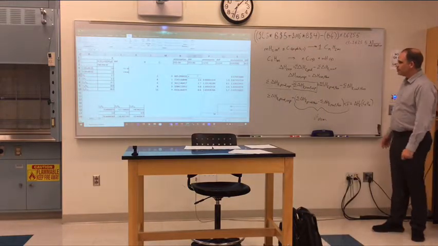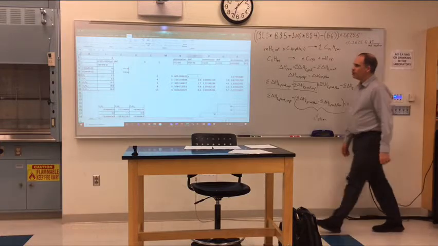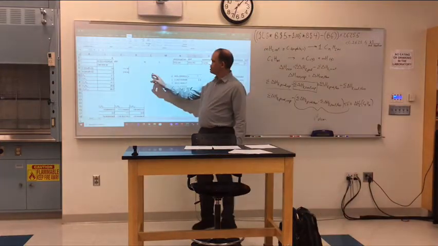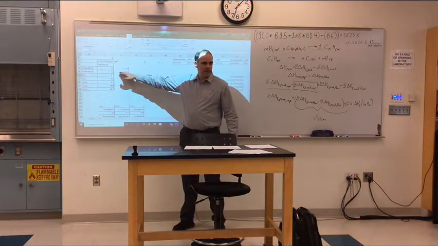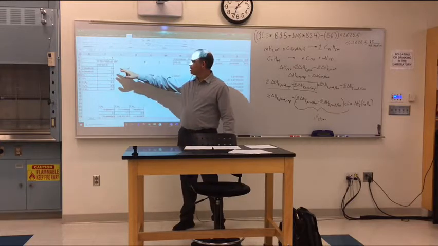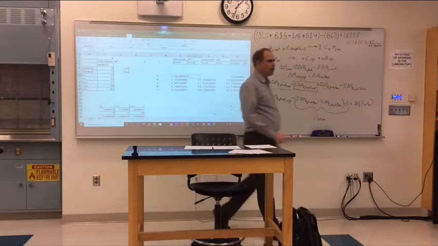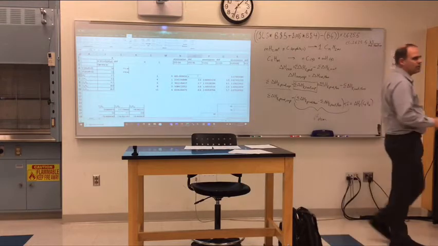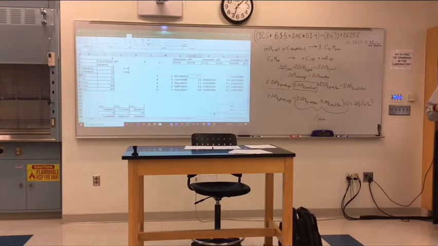We're going to take the number of hydrogens times the value for hydrogen plus the number of carbons times the value for carbons, and we add them all together, and that will give us the total enthalpy of formation for our products. That make sense?